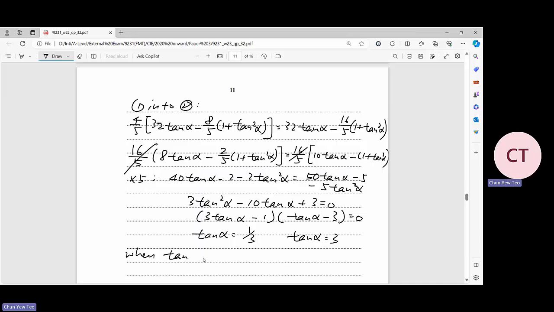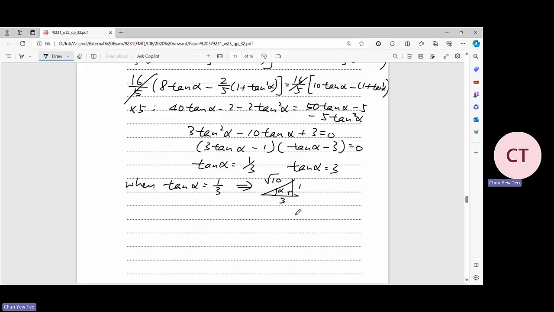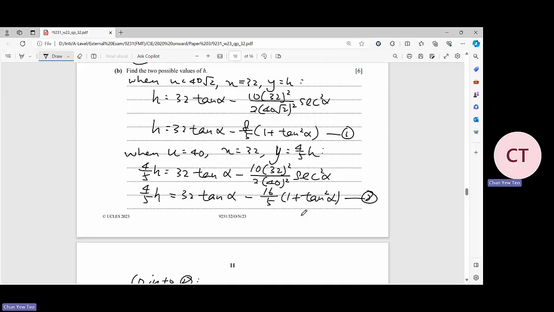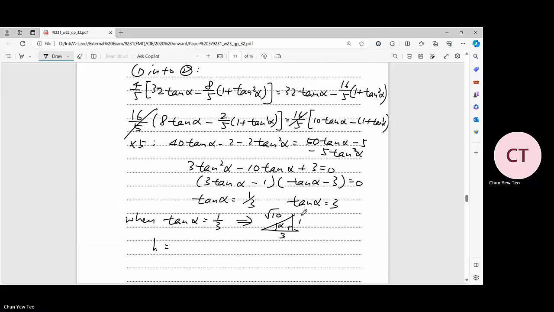When tangent alpha is equal to 1 over 3, I need to use this triangle. 1, 3, root 10. So what is my H? The H you can substitute into the first equation.